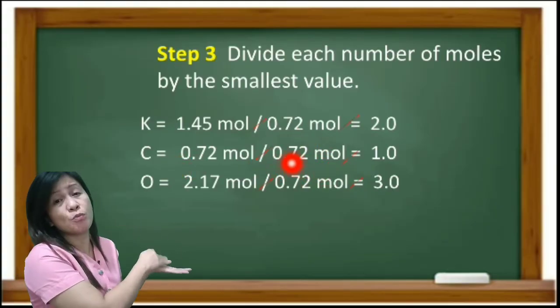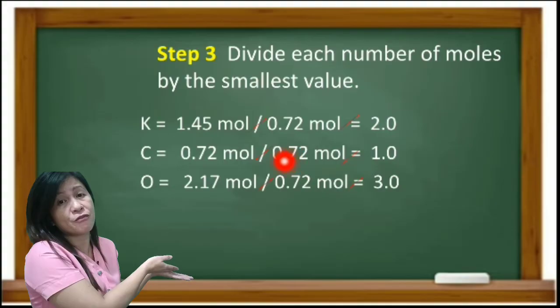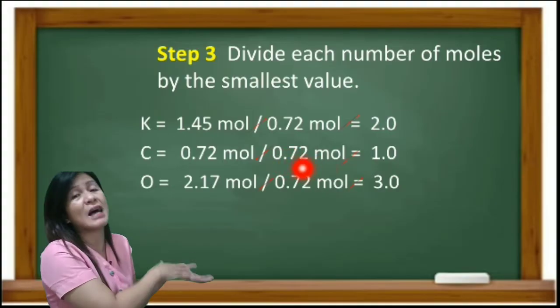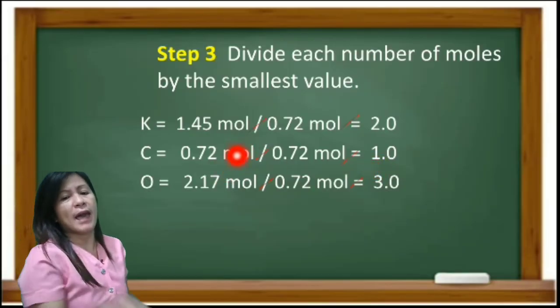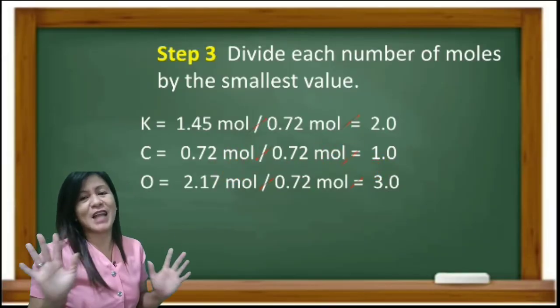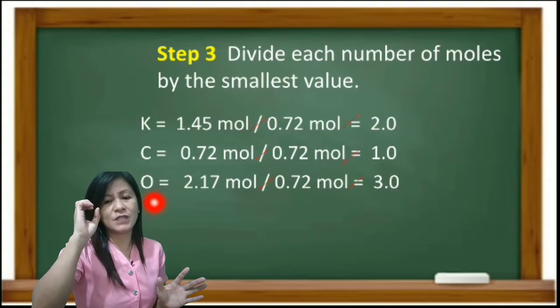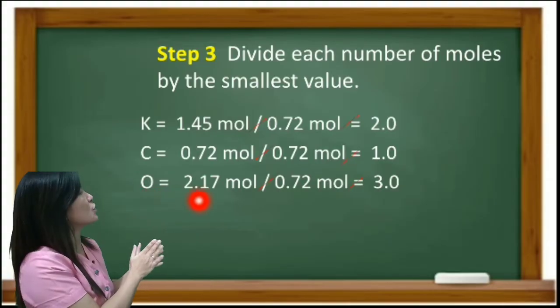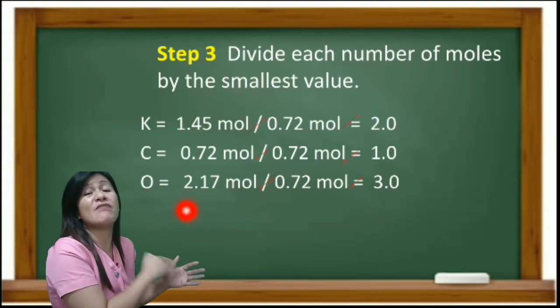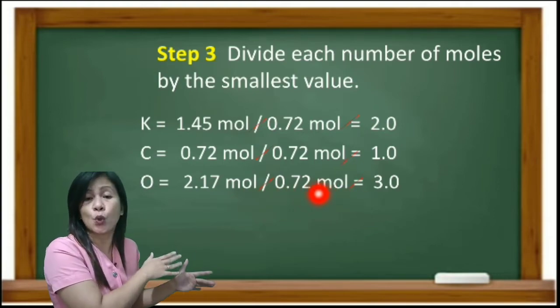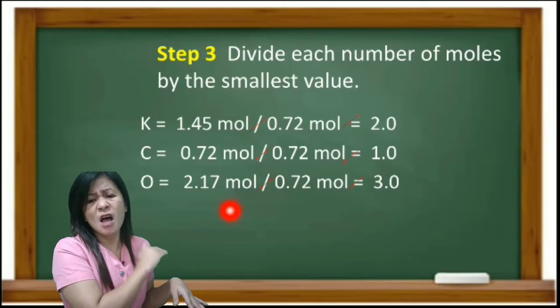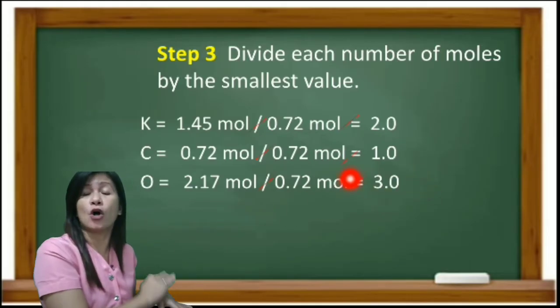So 0.72 mole divided by itself will give us 1 or 1.0. You again cancel the mole. Another is oxygen. The calculated moles of oxygen is 2.17 mole. Divided by the smallest number of moles, 0.72, you will get the answer 3.0 or simply 3.